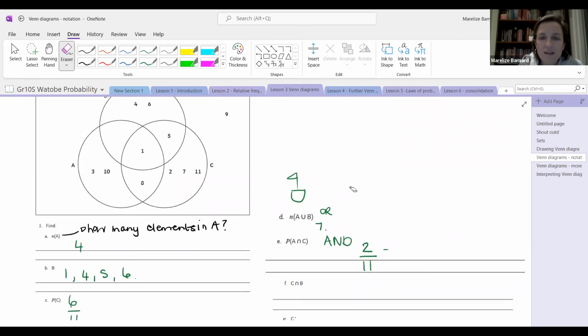Great stuff, guys. So if we are just looking and we're not doing a probability, we are just looking at the overlap between C and B. So that is going to be here.